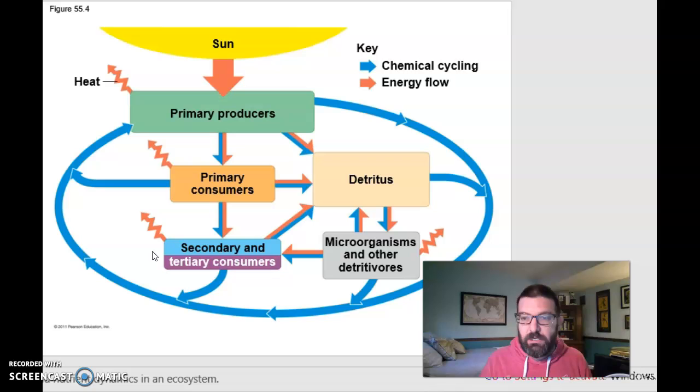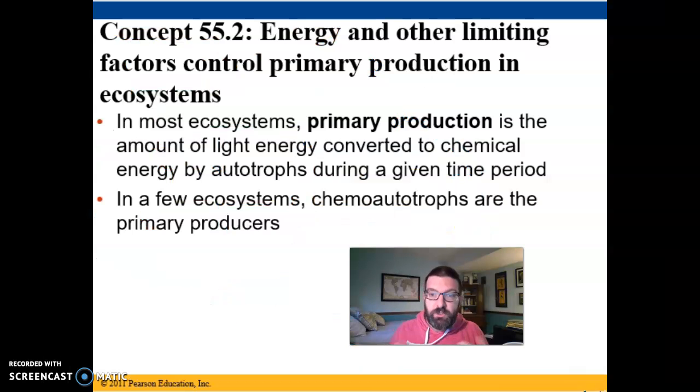As we use that ATP to do work inside of our cells or to move our muscles, we lose some of that as heat. So heat energy is lost all the way. And then when any of these organisms die, become detritus, detritivores recycle some of those calories while also losing some as heat themselves.